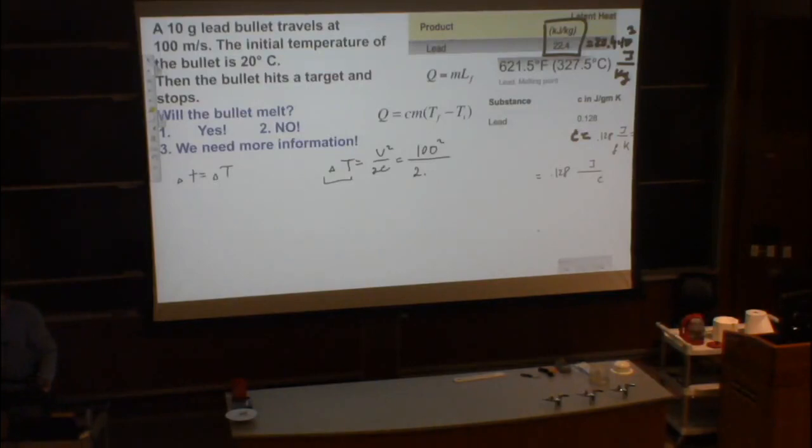We can actually write Celsius or keep Kelvin. Doesn't matter. But we cannot use grams. A gram is 1/1000th of a kilogram. So the result is 128 joules per kilogram Kelvin. This is the number we need to use here. So we need to calculate this number. Depending on this number, we may have different scenarios.